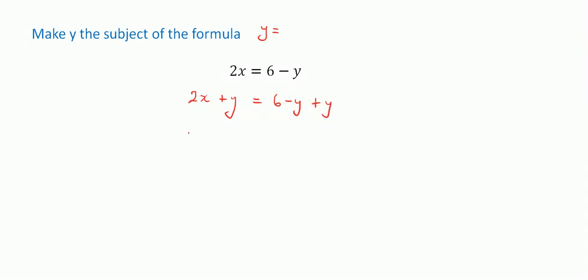Now what that does is we end up with 2x plus y is equal to 6, because minus y plus y is 0, and now we want to make y the subject, so we need to subtract 2x from each side of the equation.